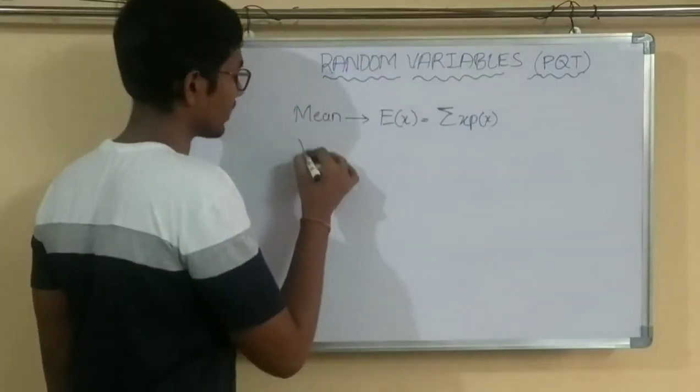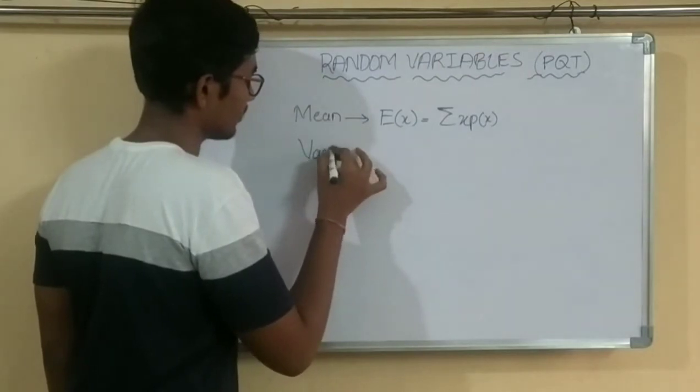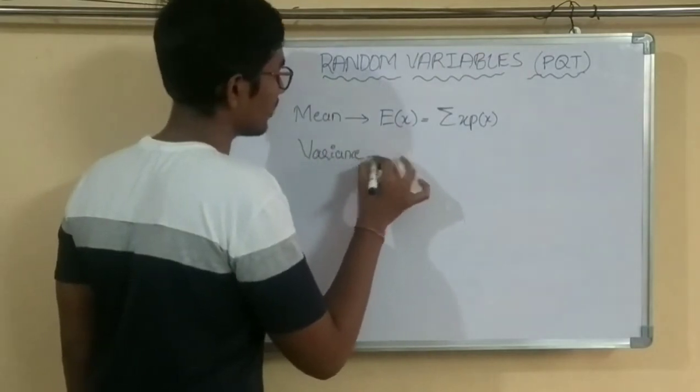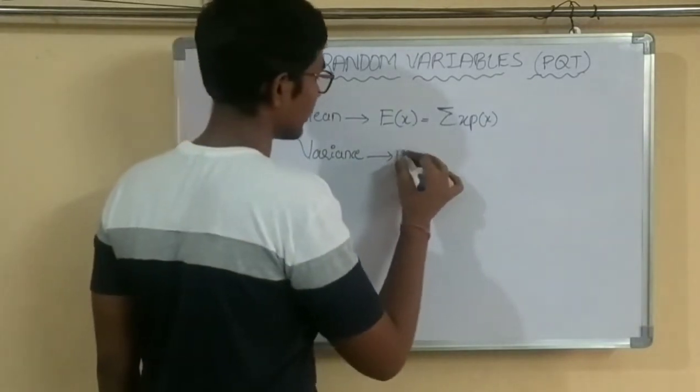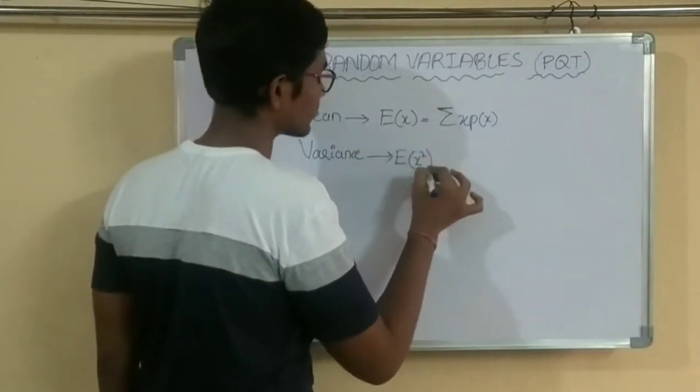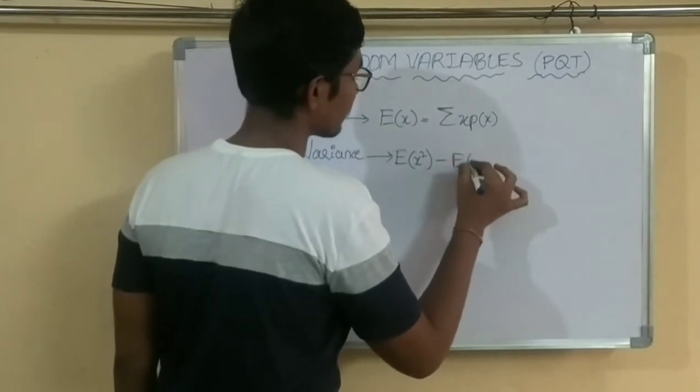Now the variance formula for a discrete random variable is E of x square minus E of x whole square.